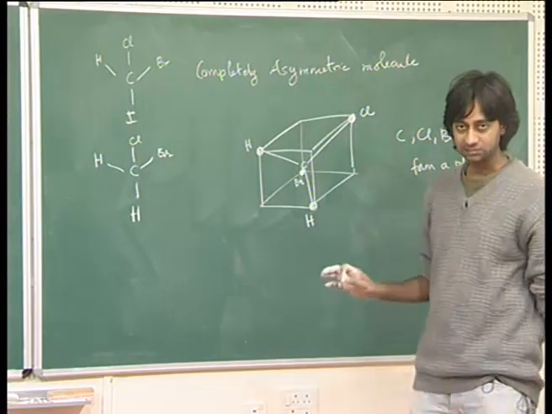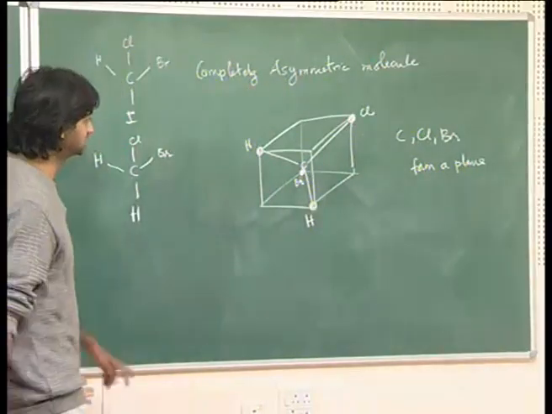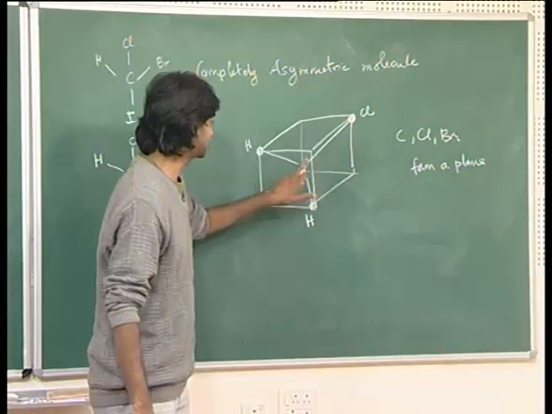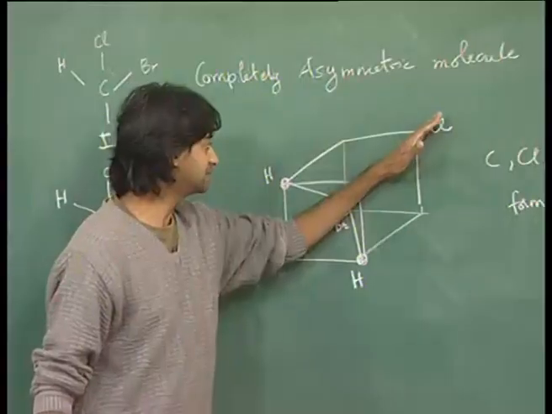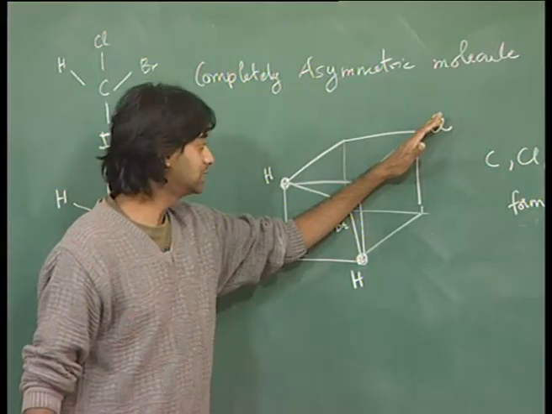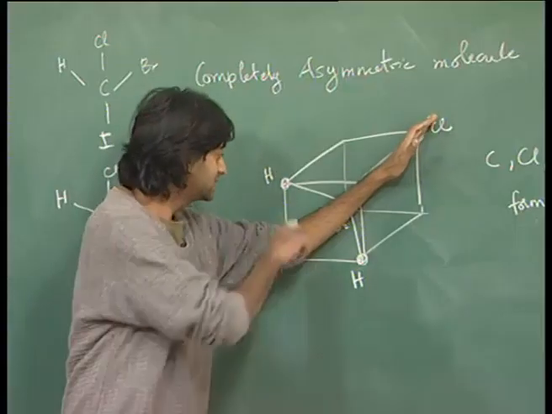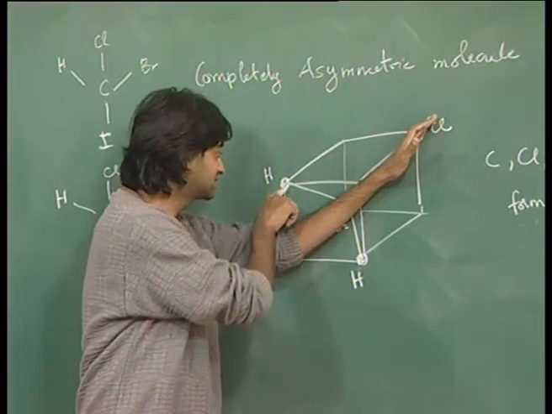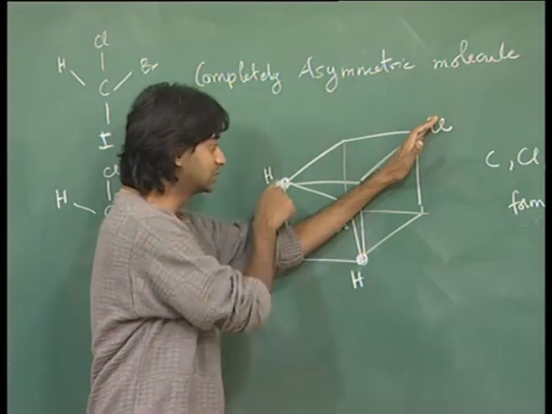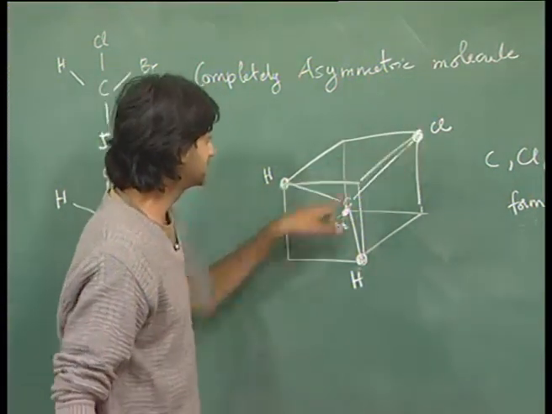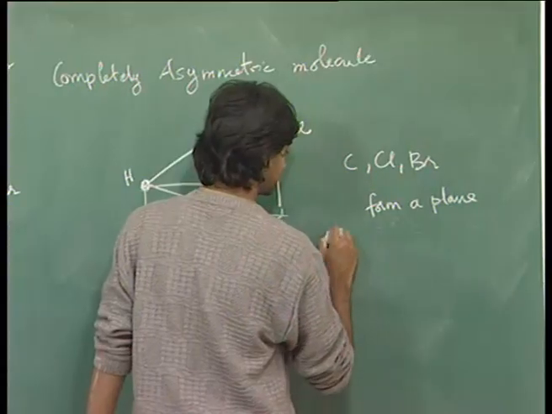Any three atoms, so long as they are not collinear, will form a plane. So if I take the plane containing these three atoms, this plane clearly has a symmetry of reflection. If I reflect about this plane, then this H will come here, this H will go here. This is a plane of symmetry.